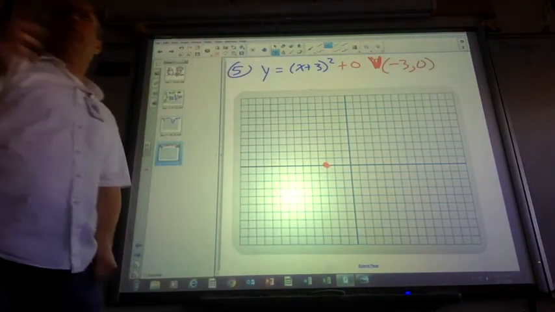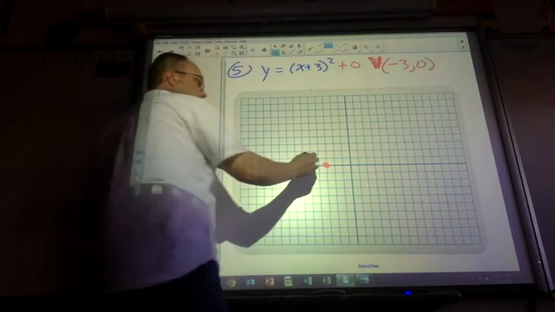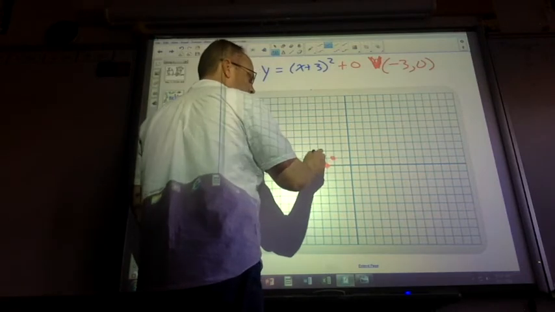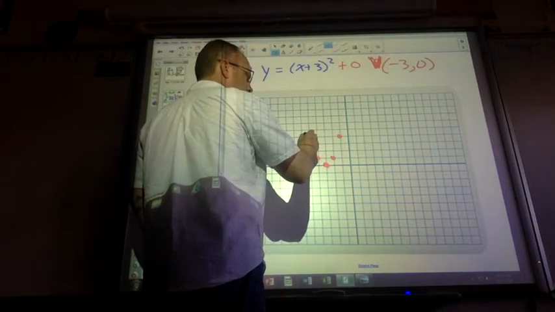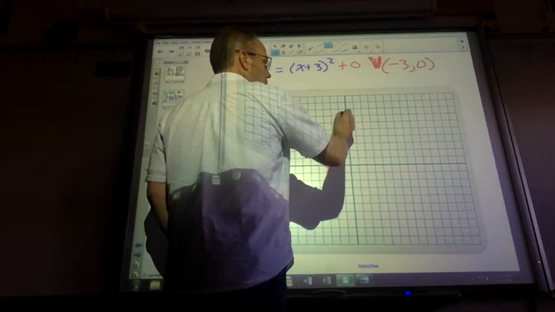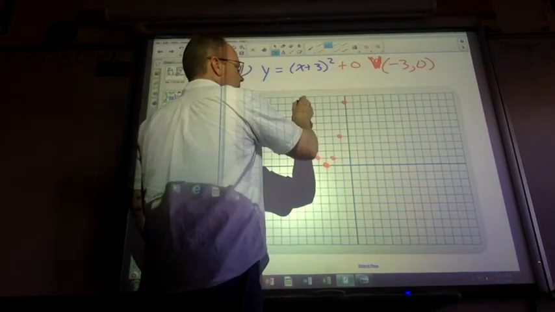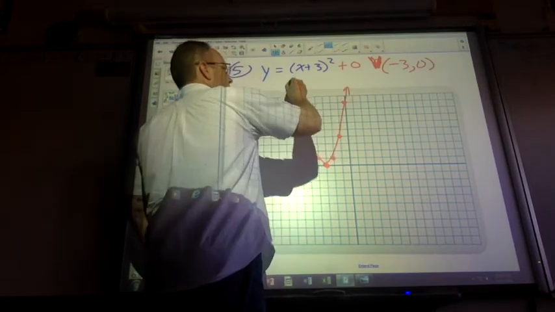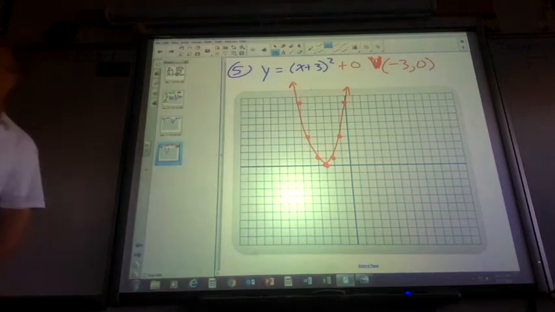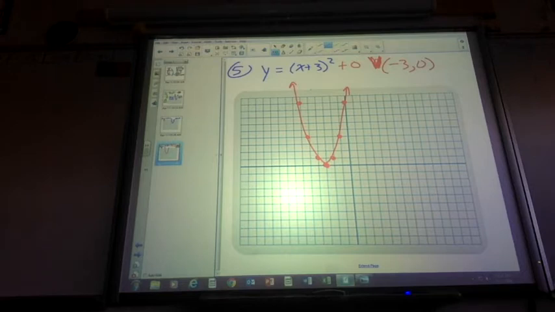Does the pattern graph with 1, 3, 5? Absolutely. Right 1 up 1, left 1 up 1, right 1 up 3, left 1 up 3. You can go 5, left 1 up 5. Cool. Got a lot of points there. Again, if the pattern graph fits on the graph, use as much as you can off of it. The more data you have, the better. You're going to have a lot of problems that are just, graph this, graph this, graph this. All you have to do is look for the vertex and then pattern graph off of that.